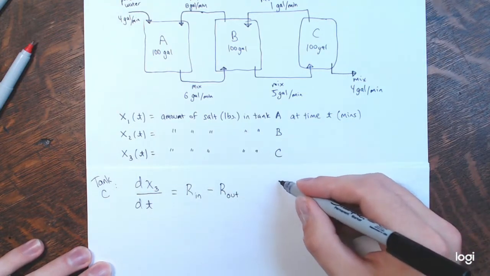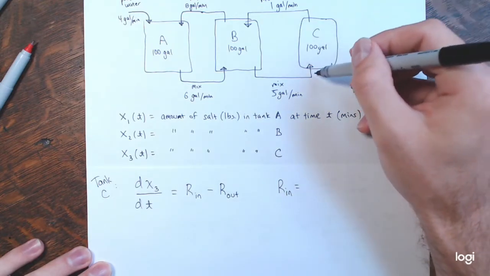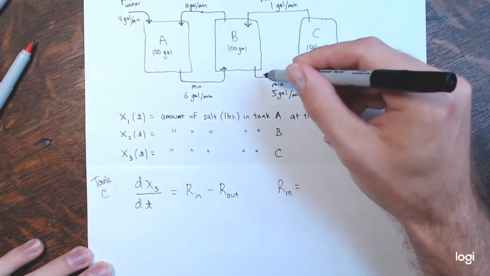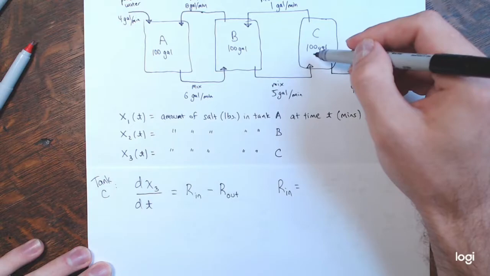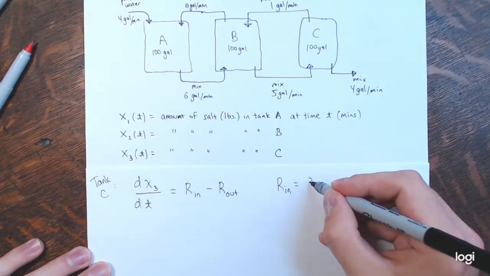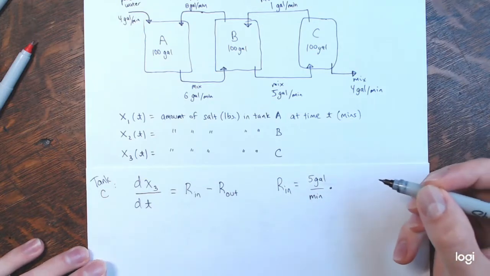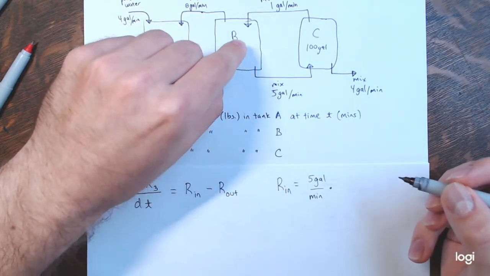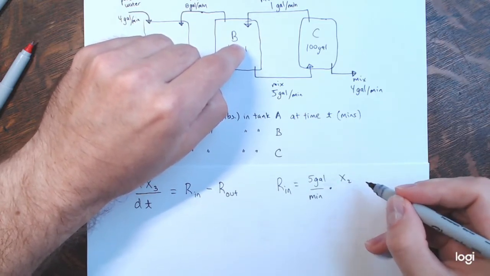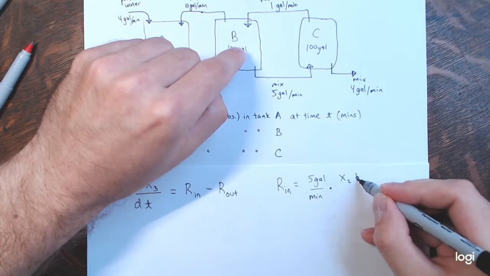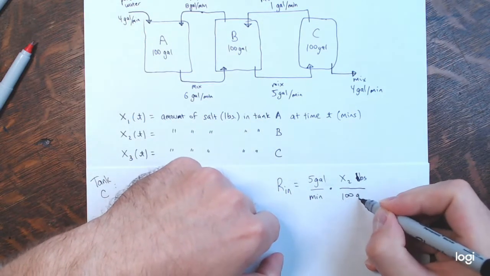Alright, so the rate at which the salt enters tank C: there's only one arrow that goes into tank C, and it's from this tank B solution. And that's coming in at 5 gallons per minute. And we multiply by the concentration of salt in that mixture, which would be x2, the amount in tank B, x2 pounds of salt at any given time divided by the 100 gallons that are in tank B at any given time.